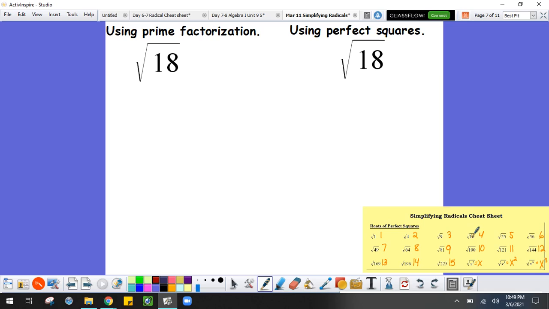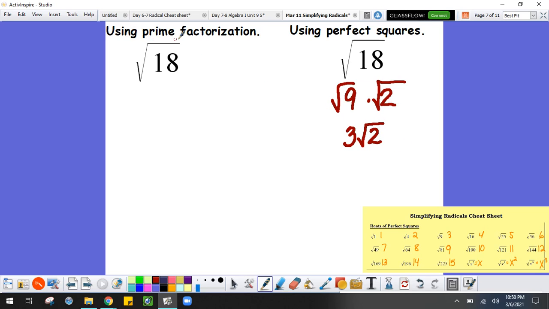So I'm going to go backwards from 16 and see if one of the perfect squares goes into 18. And I do see this one, 9. So I'm going to do 9 times 2, the square root of 9 times the square root of 2. I know the square root of 9 is 3, so 3 radical 2.